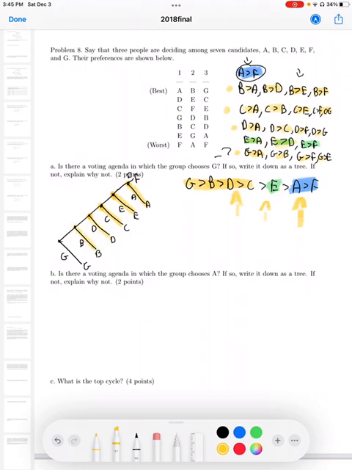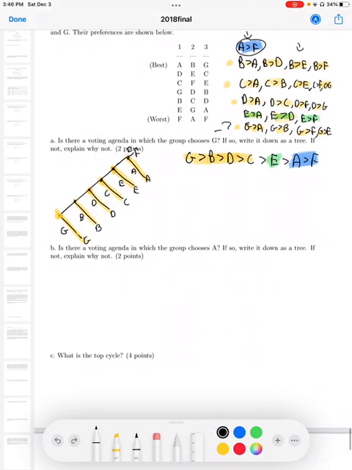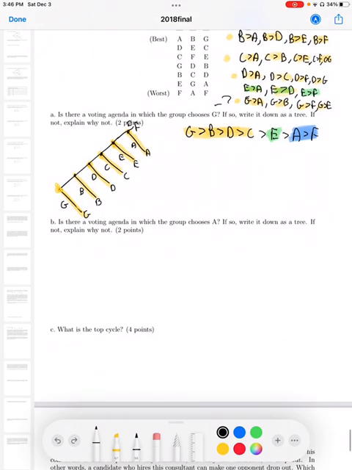And it's the same thing all the way down. So since we start here, there's no way they could go up this way. So they're going to prefer going down, so they're going to prefer G. So this agenda here shows that the group chooses G.